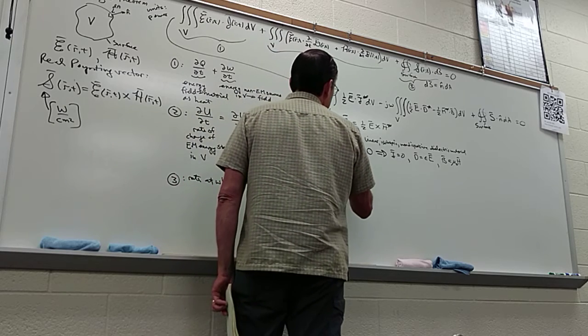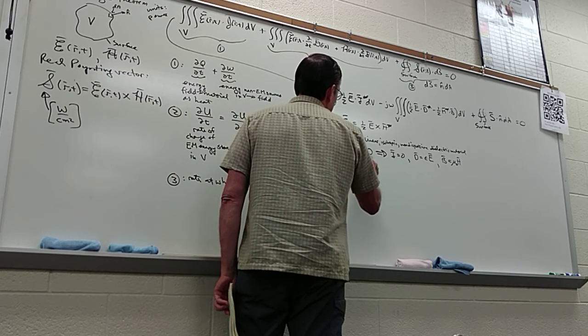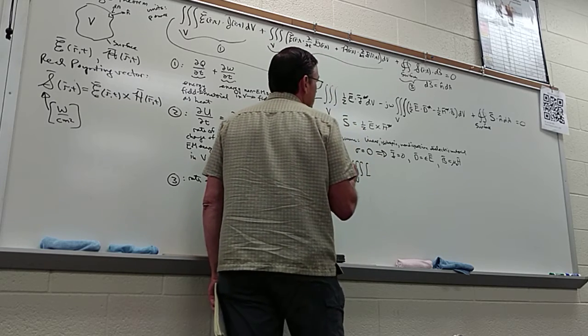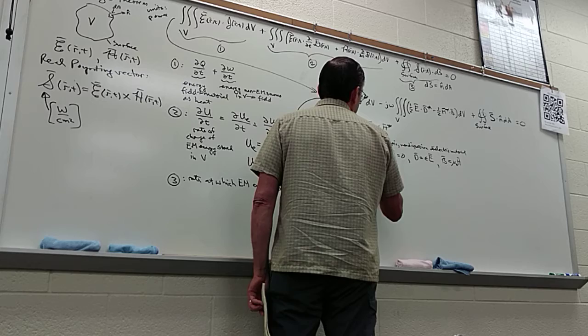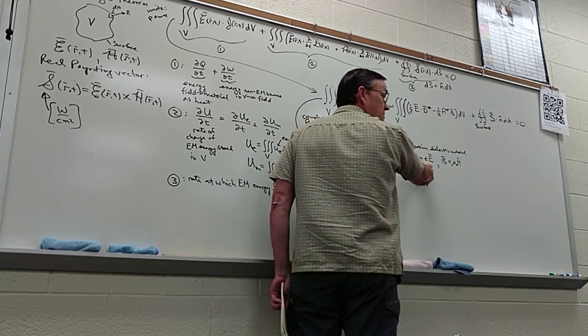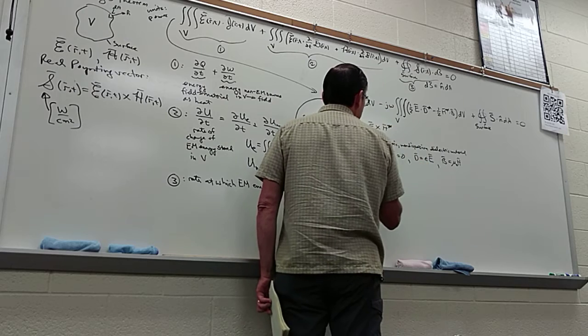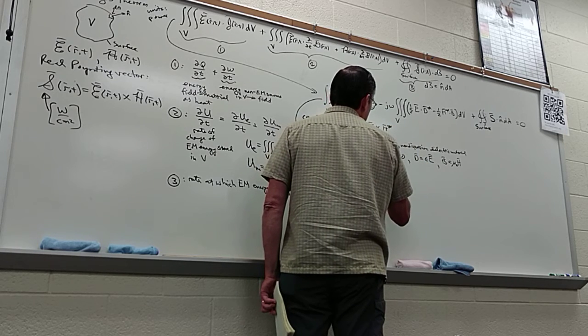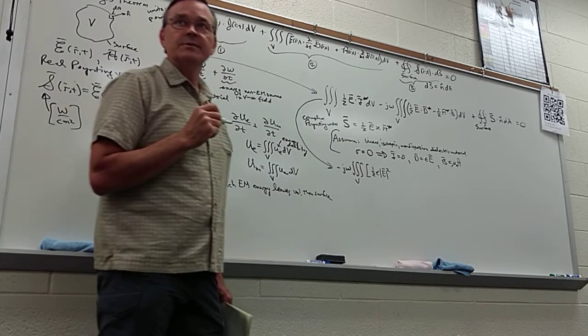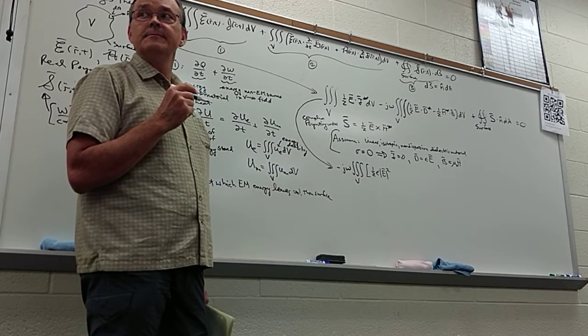That leaves us with the second term, minus j omega, integral over the volume, and I'll use square brackets here, 1/2, and then D is just epsilon E, right? So that gives me an epsilon times the magnitude squared of the electric field complex amplitude vector.